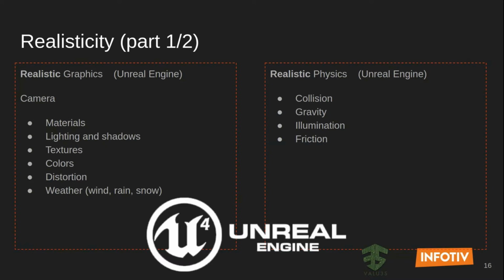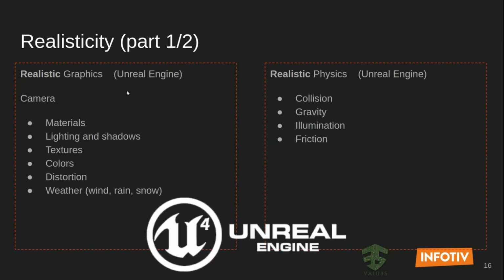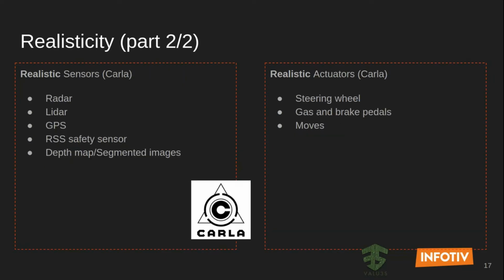Unreal Engine is not only a graphics engine, but it's also a physics engine that takes care of physical behavior, like collision, gravity, friction, and so on. These are all done inside Unreal Engine. CARLA basically specifies them, and Unreal Engine takes care of them.